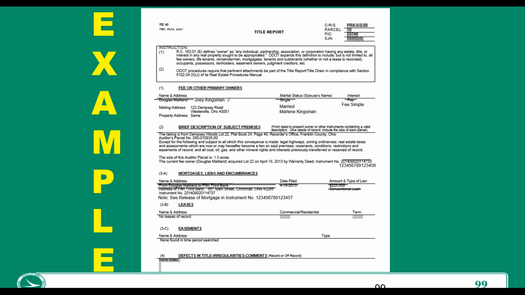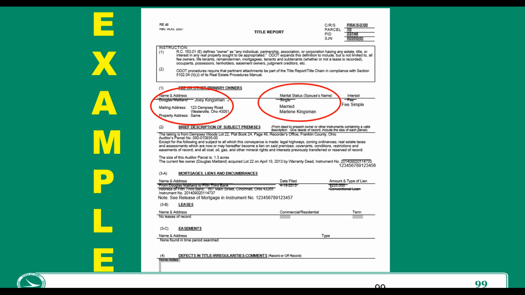Here's an example of a title update where there have been some changes. As we can see here, Douglas Maitland sold to Joey J. Kingsman. And what you can see here is Doug's name has been hashed out.